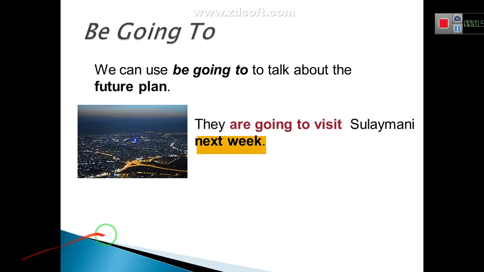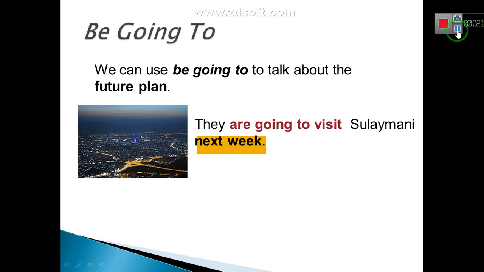They are going to visit Suleymania next week. We are going to visit Suleymania next week. Next week. What's next week? Next week is an adverb of time indicating future tense. Am I right?